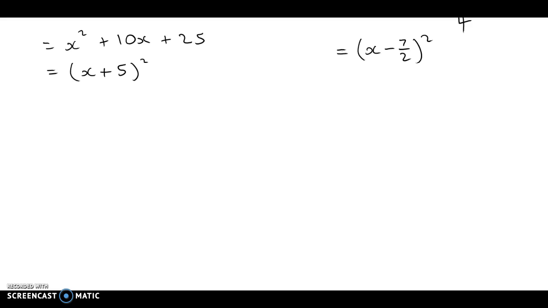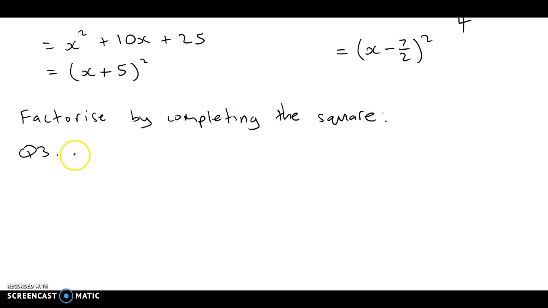Now I'm going to give you a couple of questions where we've got some quadratic expressions, and I want you to factorize them by completing the square. So the first one we'll look at is x squared plus 8x minus 3. Now, when we want to factorize by completing the square, the first thing we need to do is actually complete the square.